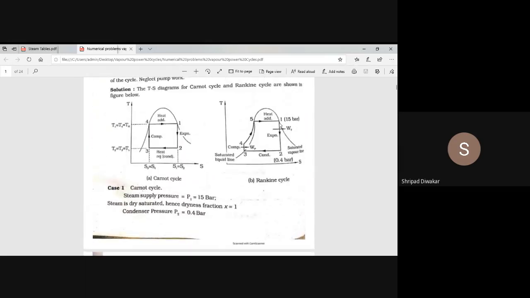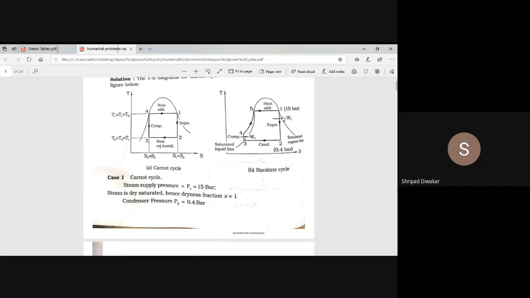S2 equals SF2 plus X2 into SFG2. Instead of H, you just replace that symbol with S, that is entropy. Now what I said, whatever the entropy at a point is similar to the entropy at point 1. Once again, corresponding to a pressure of 15 bar, from the steam tables find the entropy at point 1.